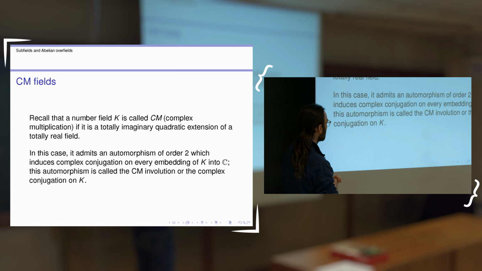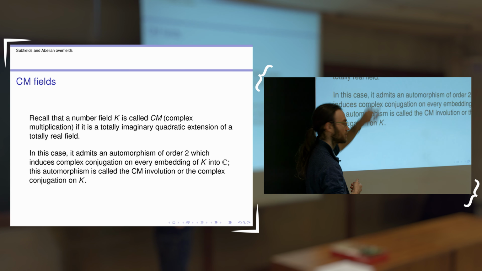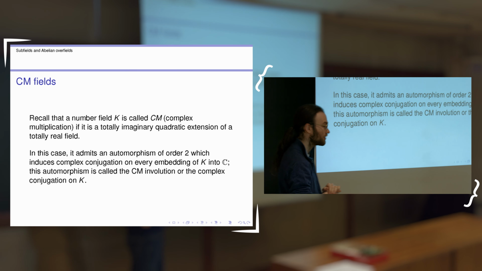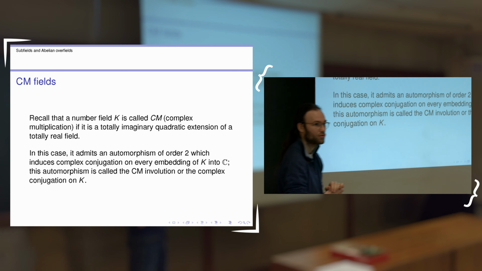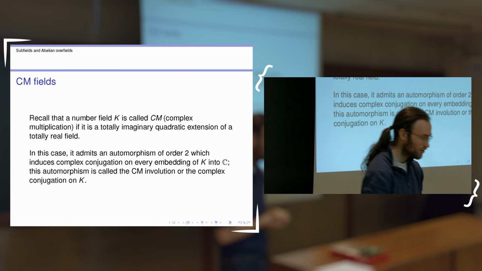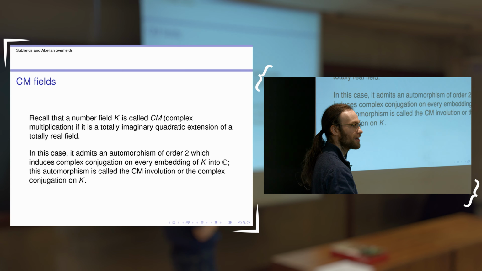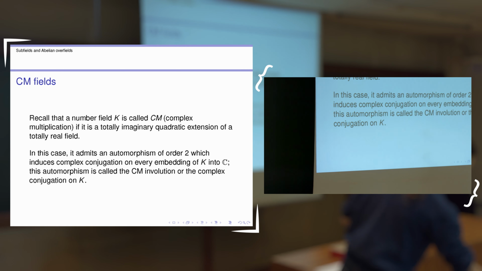In this case, it has an automorphism of order 2 corresponding to this quadratic extension that induces complex conjugation on every embedding of k into C. We call that the CM involution or the complex conjugation on k. For an application that we had with Pascal, we needed the maximal CM subfield of a number field given as input. That's what the next function does.